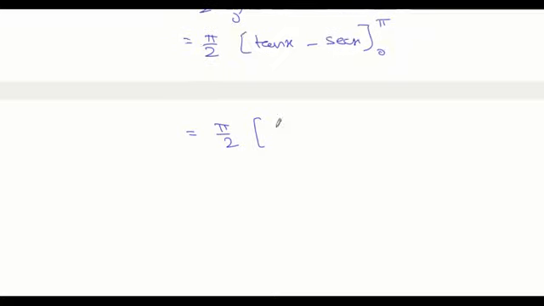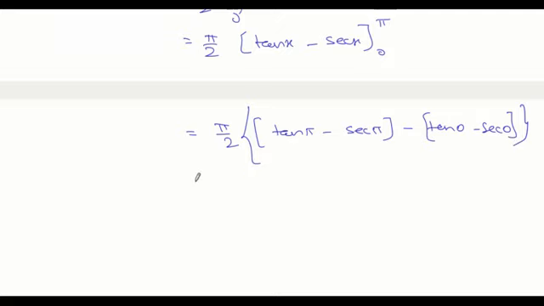So it is tan pi minus secant pi, minus tan 0 minus secant 0. Now you can apply, it is pi by 2 into tan pi is 0, minus secant pi is minus 1.